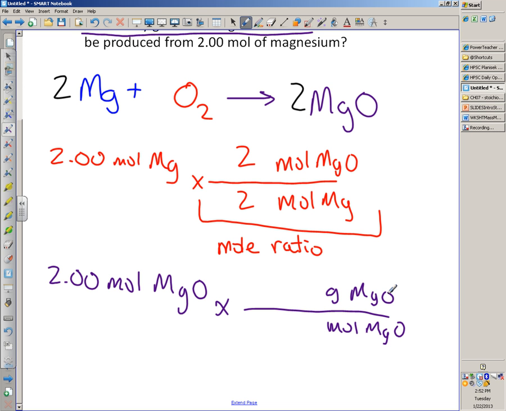When we're dealing with this conversion factor, what number goes in front of moles? 1. What number goes in front of grams? The formula mass. Where do we get the formula mass from? Add up the average atomic mass of all the things in the formula.